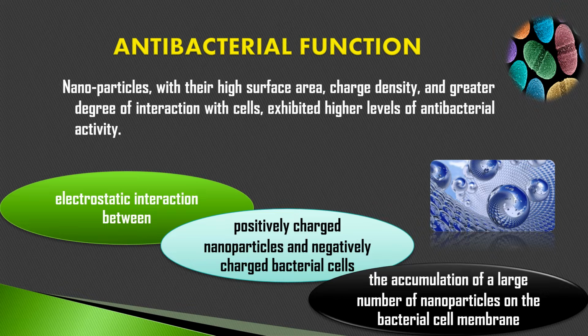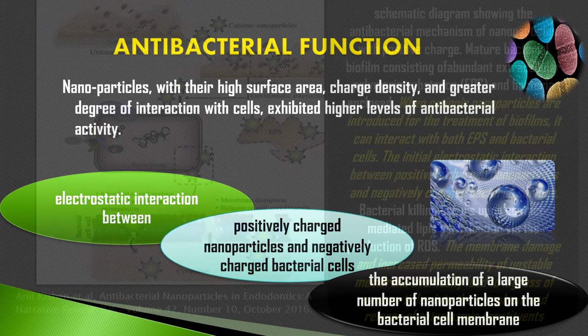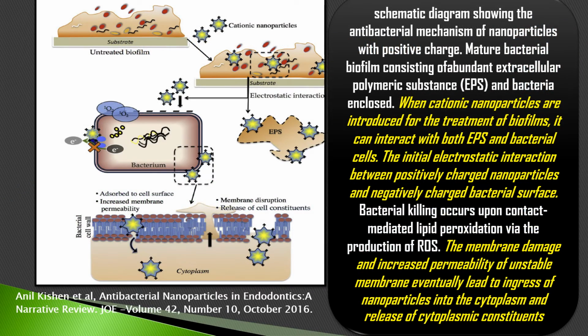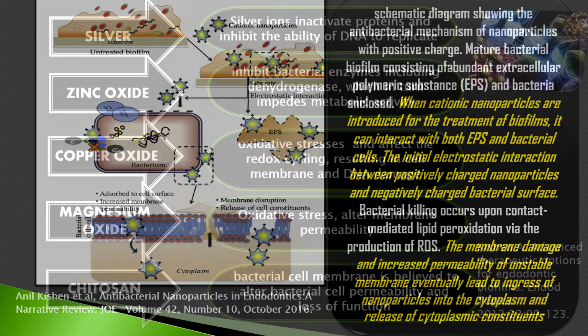Positively charged nanoparticles interact with the negatively charged bacterial cells, which results in the accumulation of a larger amount of nanoparticles onto the cell membrane of the bacteria, which finally results in cell membrane permeability disruption, where the membrane becomes unstable, eventually leading to the ingress of nanoparticles, which will alter the cytoplasm and certain organelles, and also cause loss of function of the cell. It also releases reactive oxygen species, which also kill the organism.